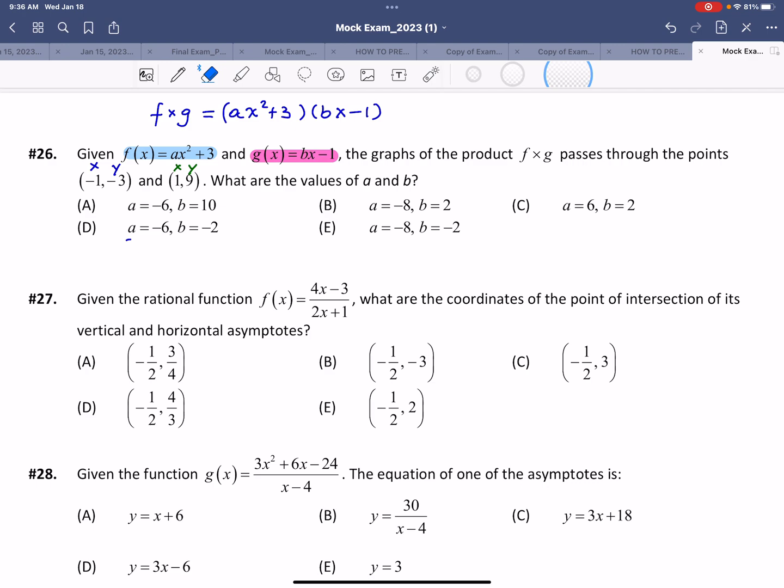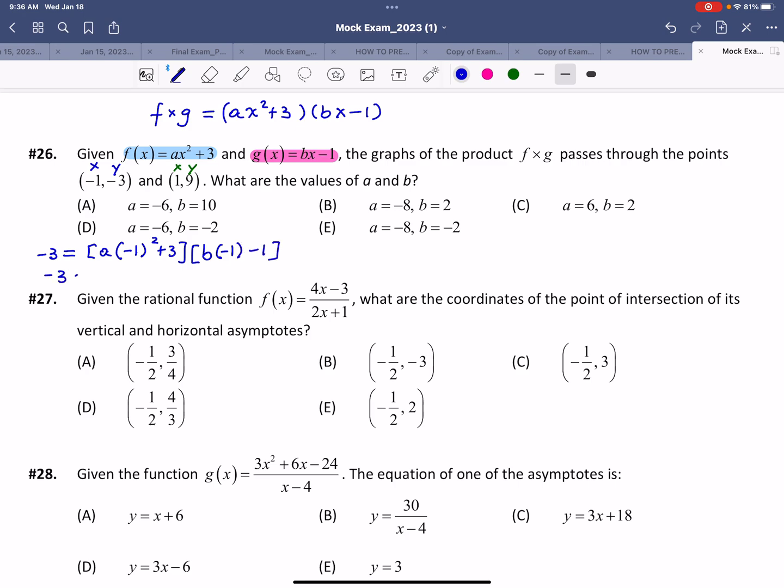So we're going to start off by substituting the first point, negative 1, negative 3, into the combination. So that means we have negative 3 equals a, x is negative 1, so negative 1 squared plus 3, and then multiplied by b, x is negative 1 again, and then minus 1. So we'll simplify.